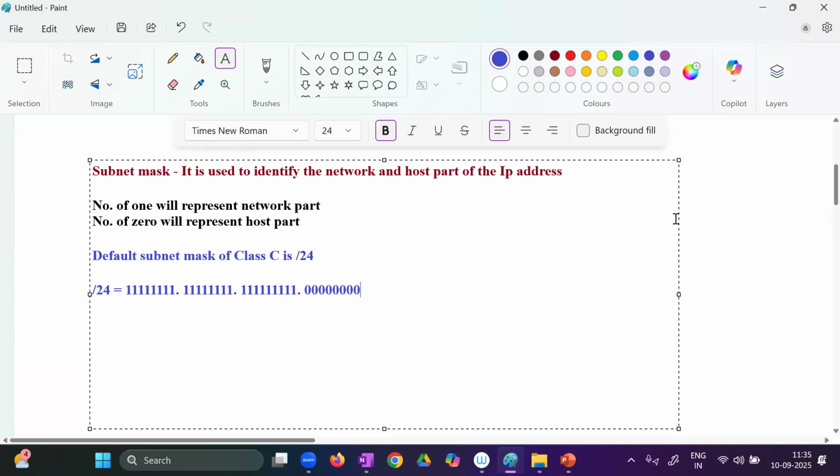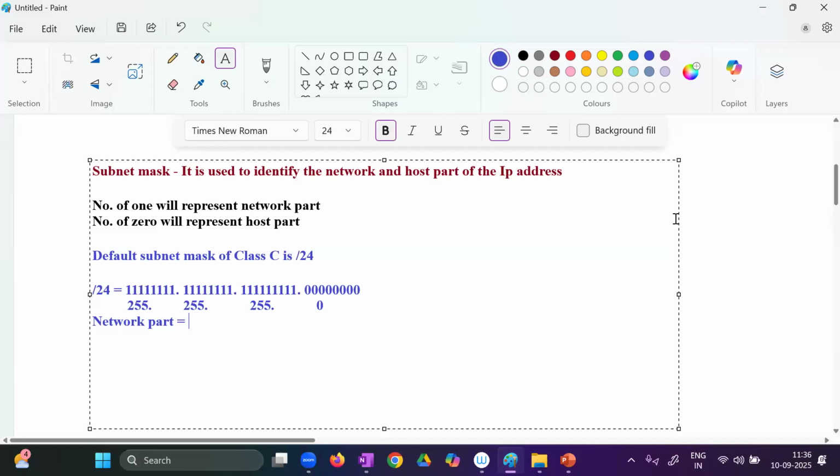Because the total is 32, and what we're writing here is 24. It means 24 ones will come and the rest 8 are going to be 0. So what value do we get? 255.255.255.0.